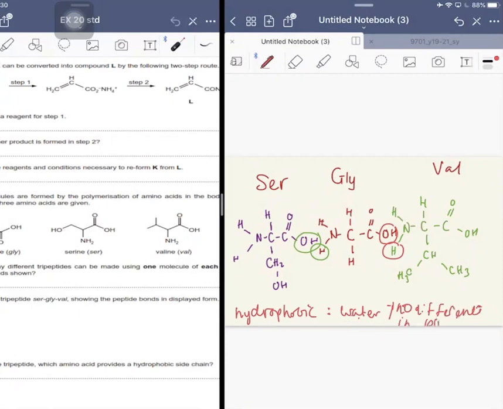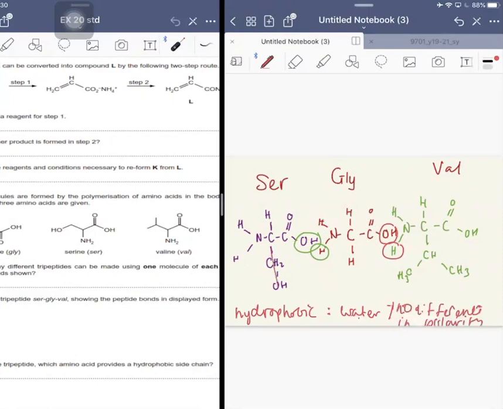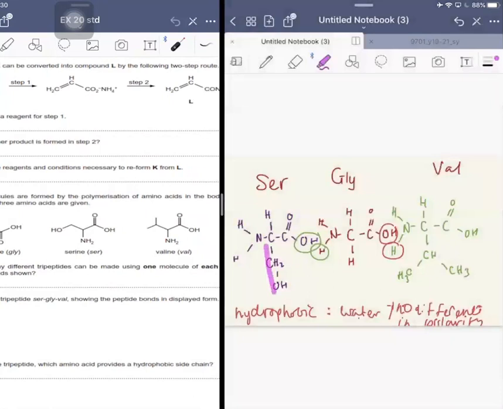So we just have to focus on the R group. Just choose one.